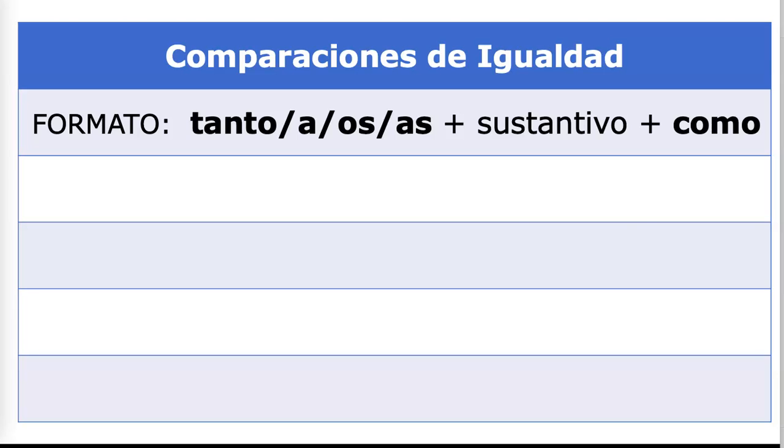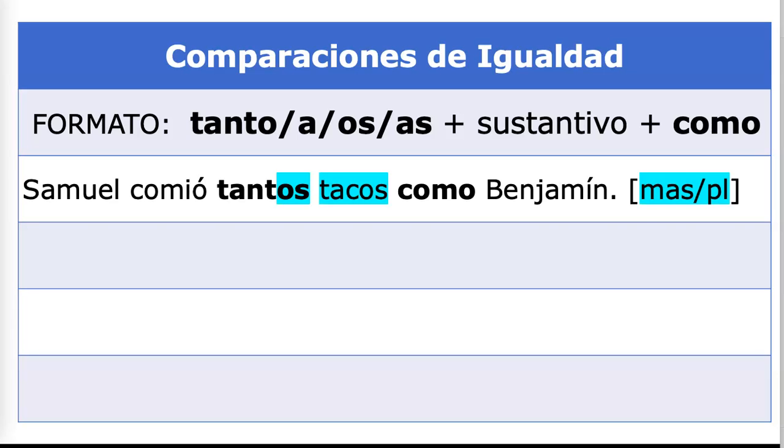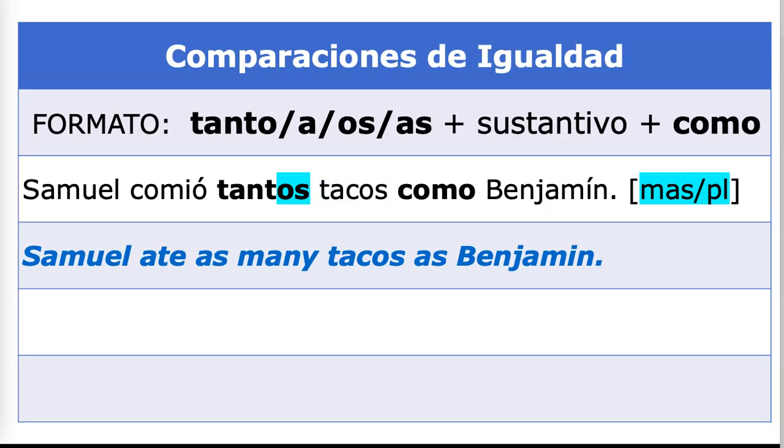Keeping with the nouns, Samuel comió tantos tacos como Benjamín. Again, tacos is masculine and plural, so we must use tantos to match tacos. Go ahead and translate this sentence. Samuel ate as many tacos as Benjamín.